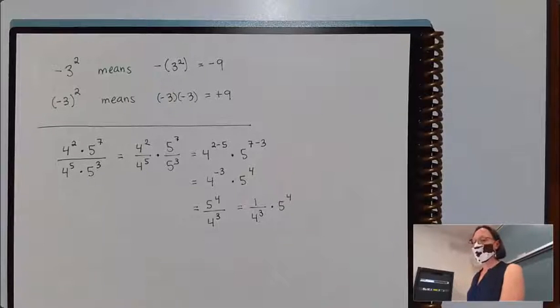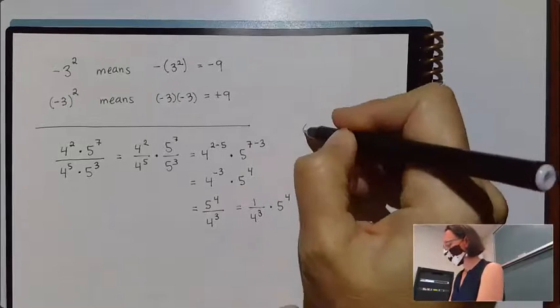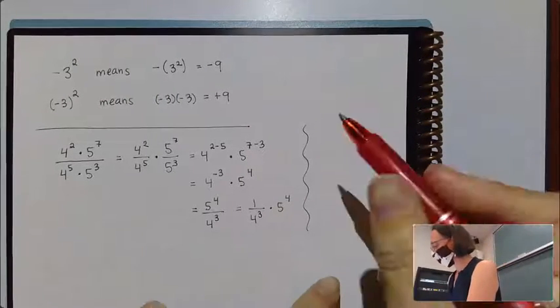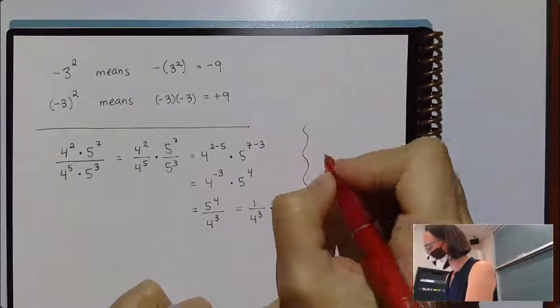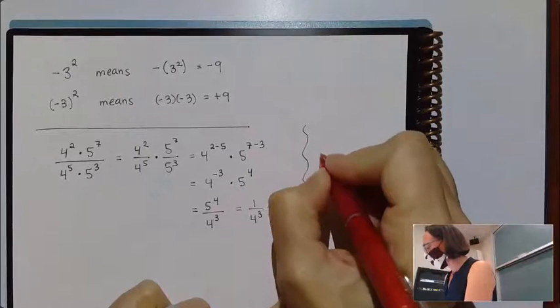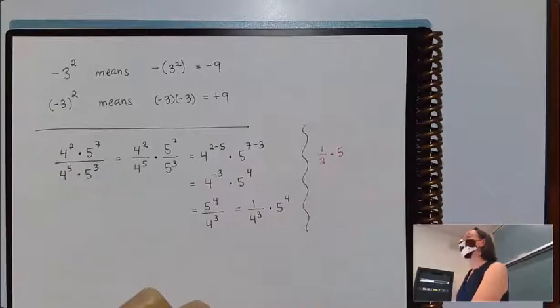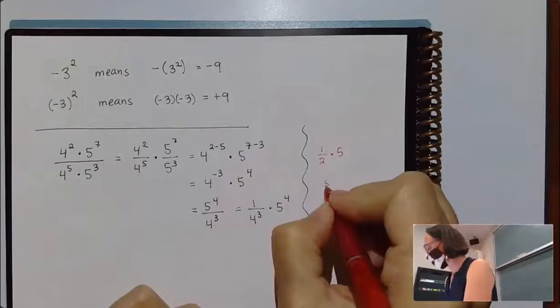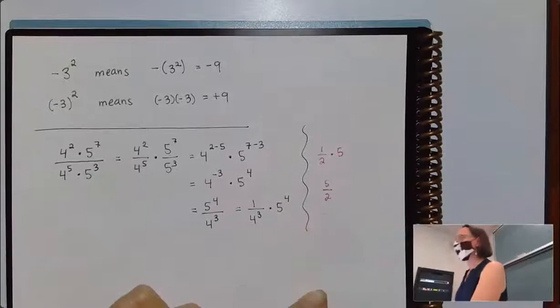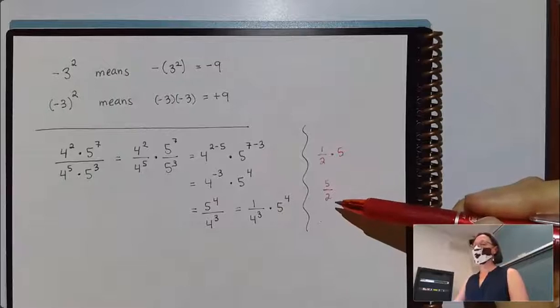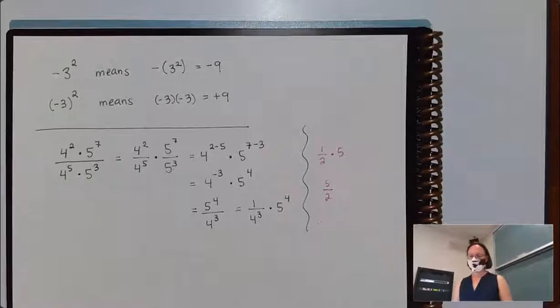Just like if I had something like 1/2 times 5, well, I could leave it as 1/2 times 5. I would write that as 5 halves, and this would be the more simplified form.